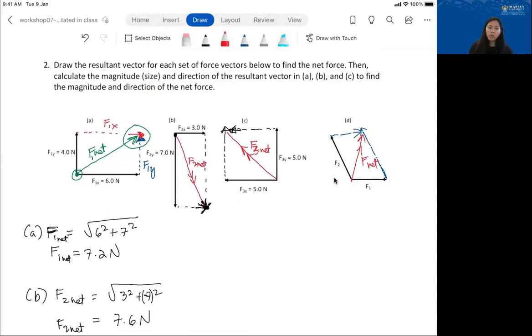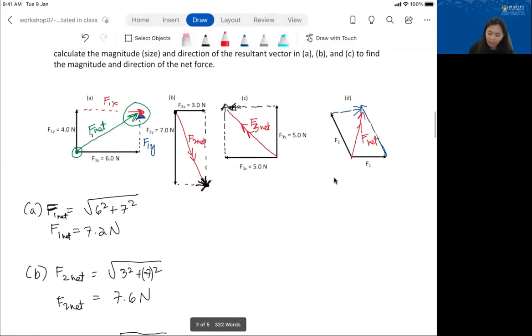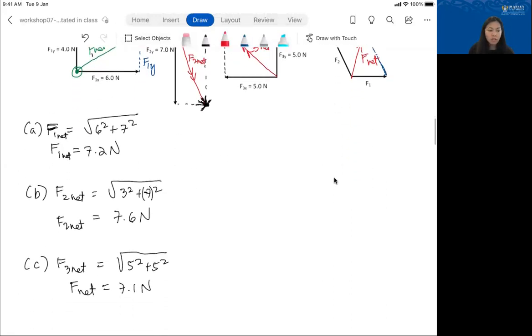And we don't have to calculate the magnitude for this because you would have to get the x and y components and add up all the x and y components before you do Pythagoras theorem.